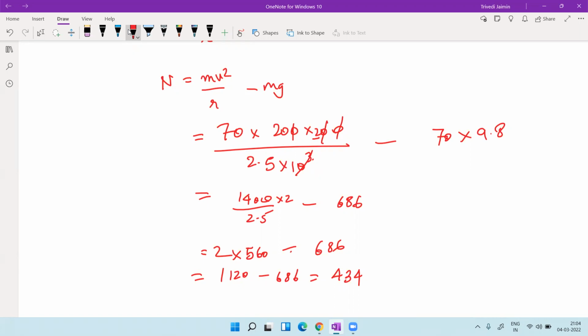Sir, 434 only, sir. We forgot to multiply that two. Yeah, it's the exact answer. That means the book answer is wrong. Let it be. Doesn't matter. We need only the question. We don't need the answer.